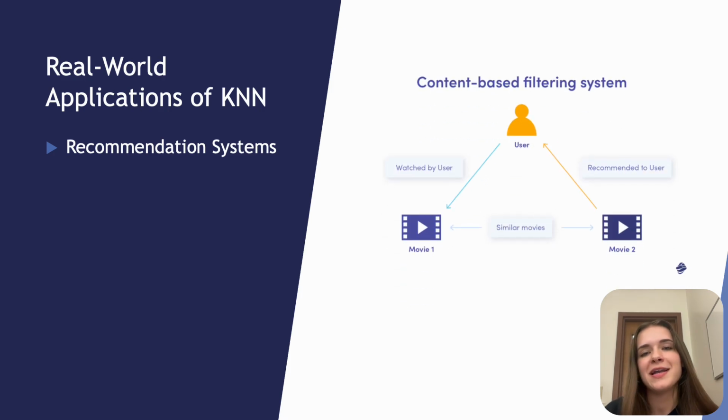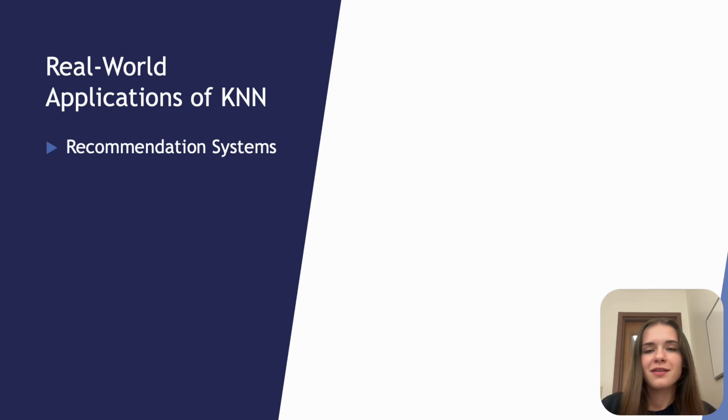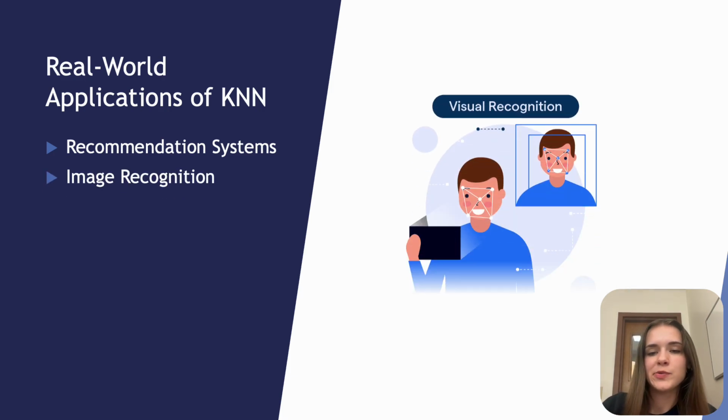So one real-world application of KNN algorithm would be recommendation systems. Anything that uses recommendation engines like Netflix, Amazon, Hulu, anything recommending music, movies, all of that based on preferences of similar users would be using this algorithm. Another real-world application of this algorithm would be image recognition.